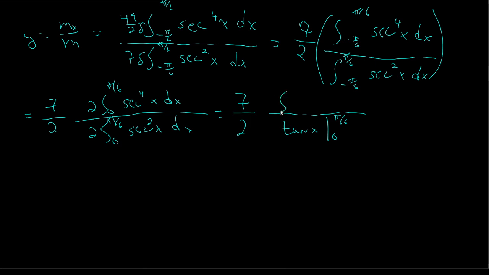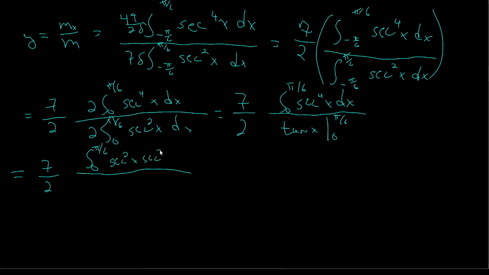And so now we really just need to learn about our integral upstairs. Our upstairs integral will be secant squared of x times secant squared of x dx over tangent x from 0 to pi over 6.